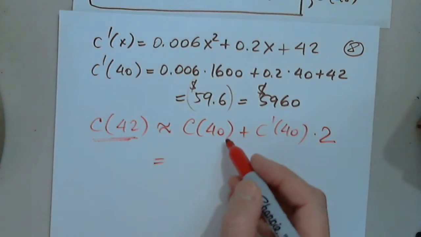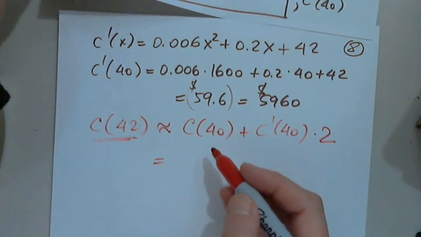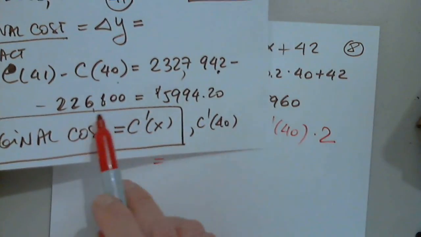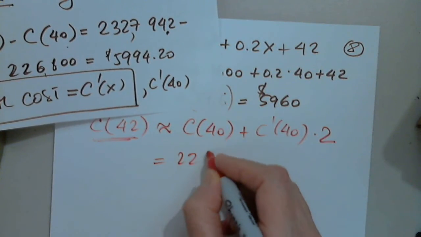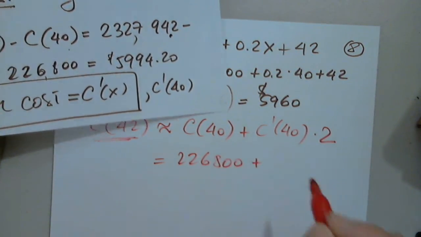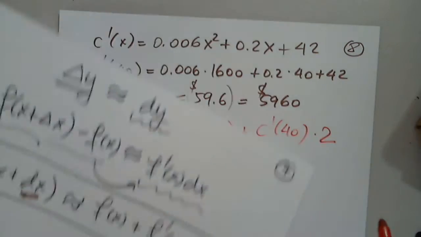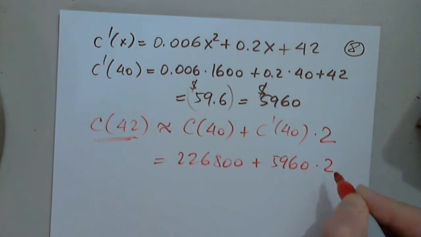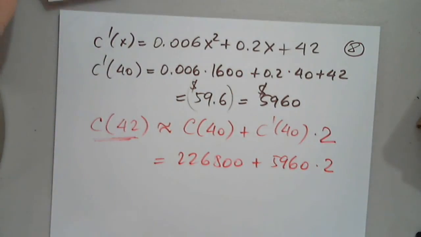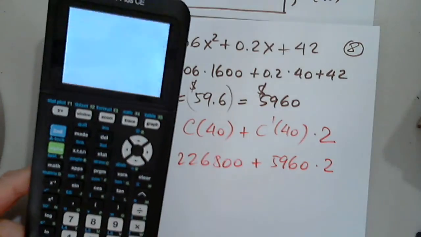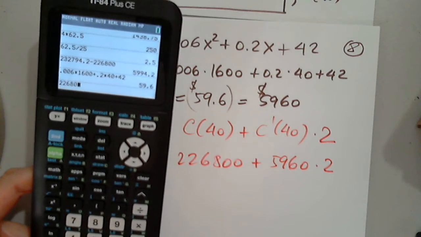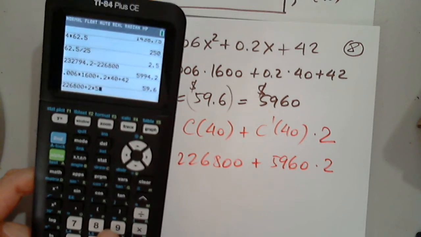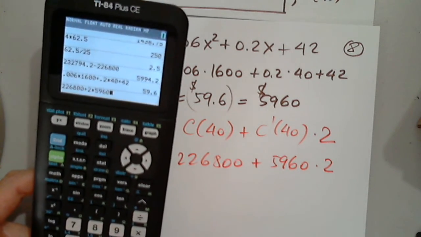So we have C of 40. C of 40 was this, 226800 plus C prime of 40, we have it, 5960 times 2. Let's see what we get. 226800 plus 2 times 5960.